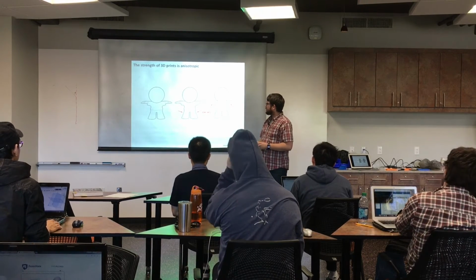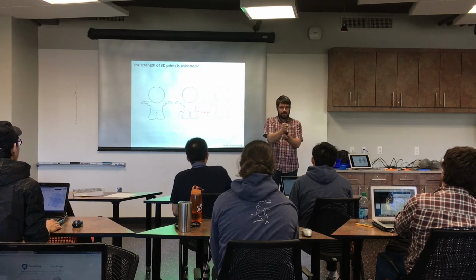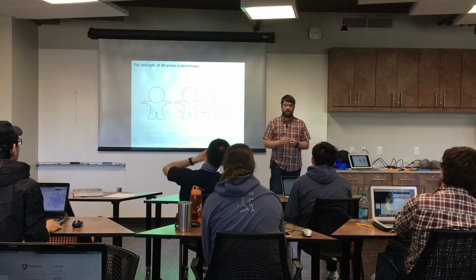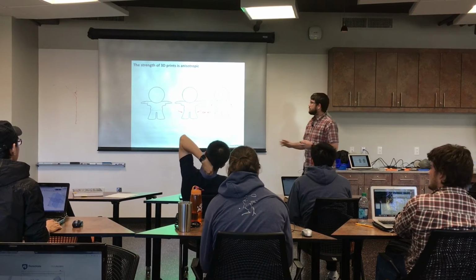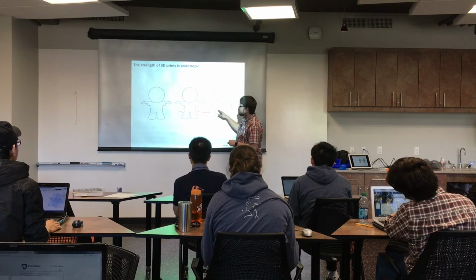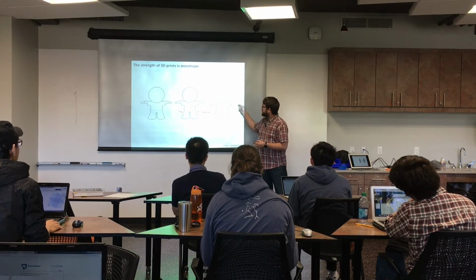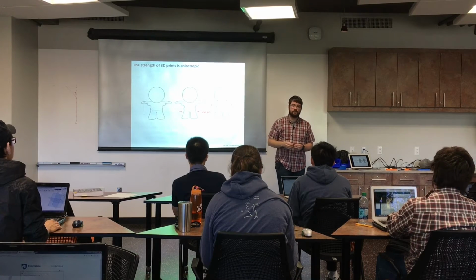So it might be harder to break their arm off, but it could be pretty easy to grab their head and just push it off to the side. So you could turn it completely on its side, add some support material under here, and print it that way. Then it would be much stronger in the horizontal plane, but weaker in the vertical plane.